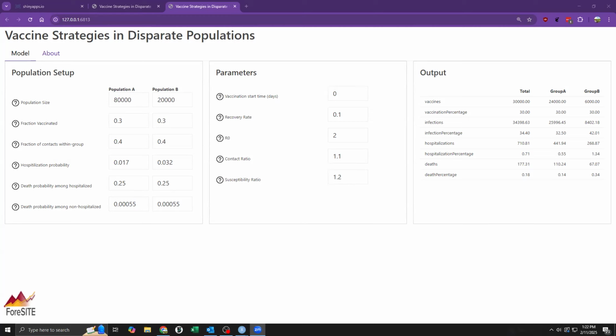Great. And Damon, I have just another question. The input parameters are kind of point estimates, right? I know in the past we've run different scenarios where we have a high value, a low value and a medium value, like for the transmission parameter, for example.